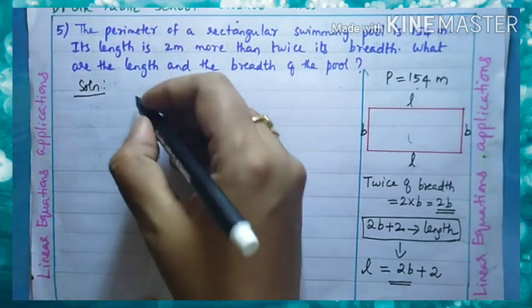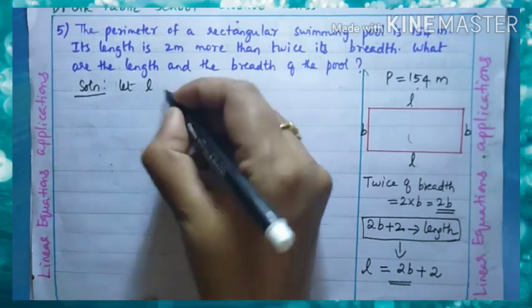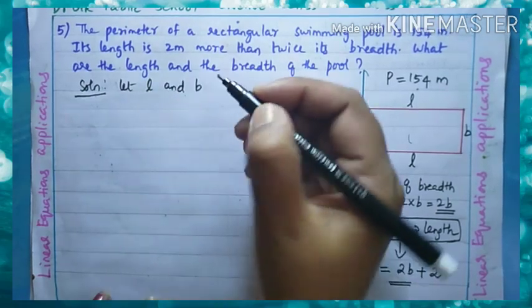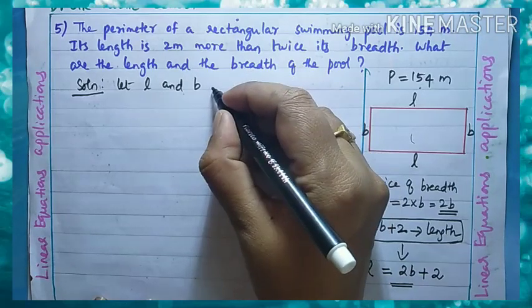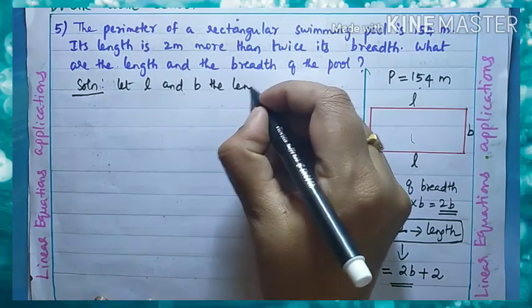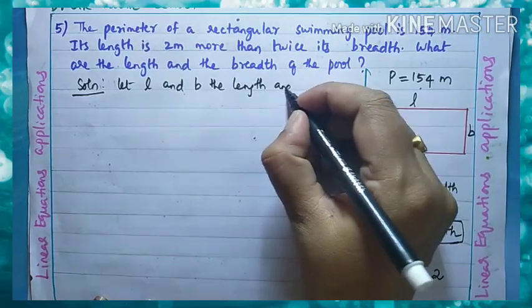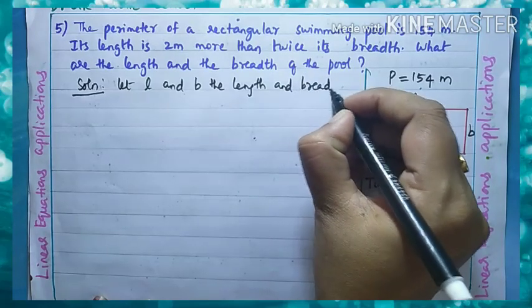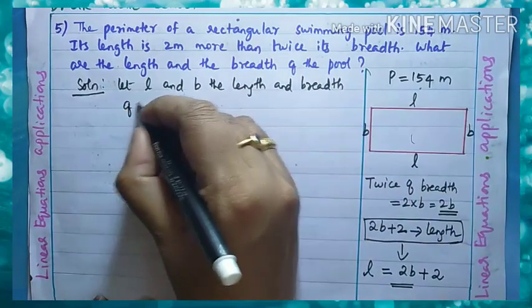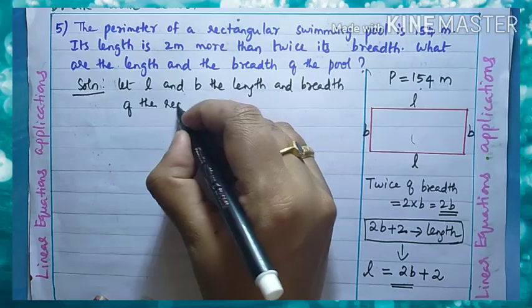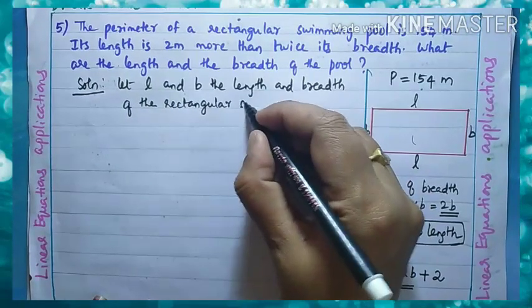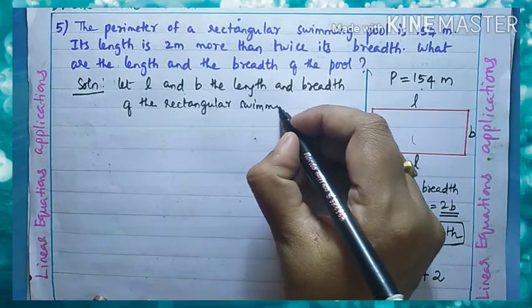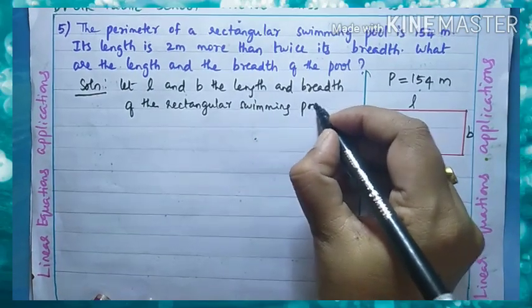Let L and B be the length and breadth of the rectangular swimming pool.